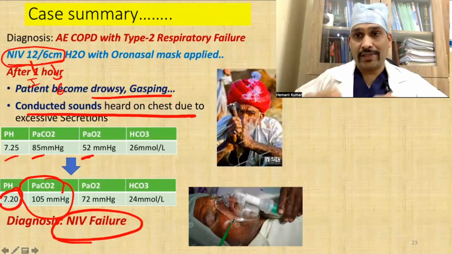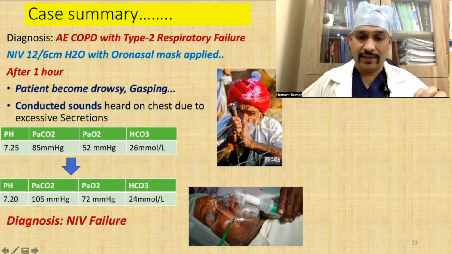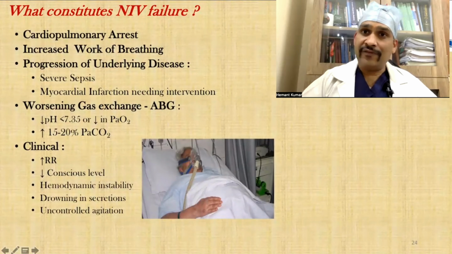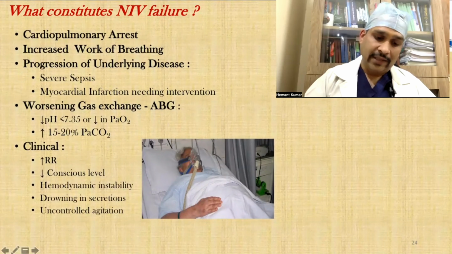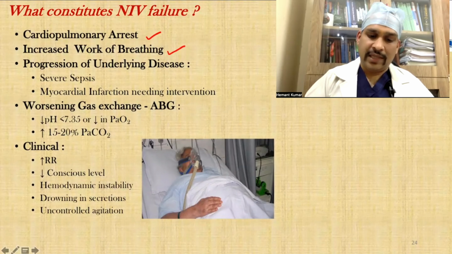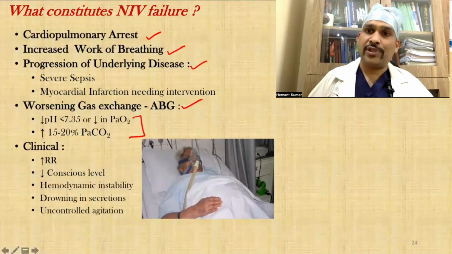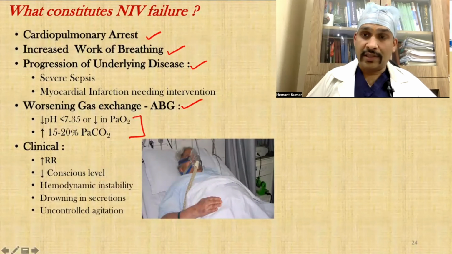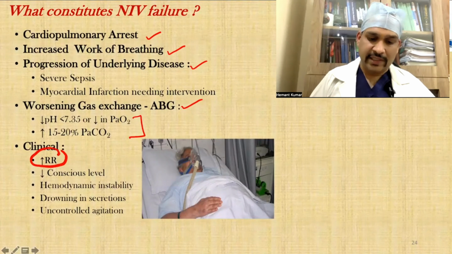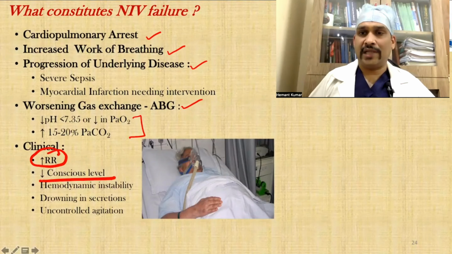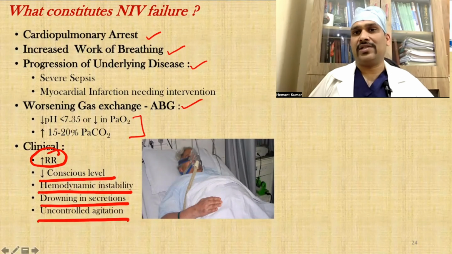So we should be cautious to diagnose NIV failure. What does NIV failure mean? It means either there is cardiorespiratory arrest, increased work of breathing, progression of underlying disease, severe sepsis, worsening of ABG, meaning an increase of type 2 respiratory failure, or clinical conditions like increased respiratory rate, decreased conscious level, as our patient got drowsy, hemodynamic instability, drowning secretions, uncontrolled agitation.